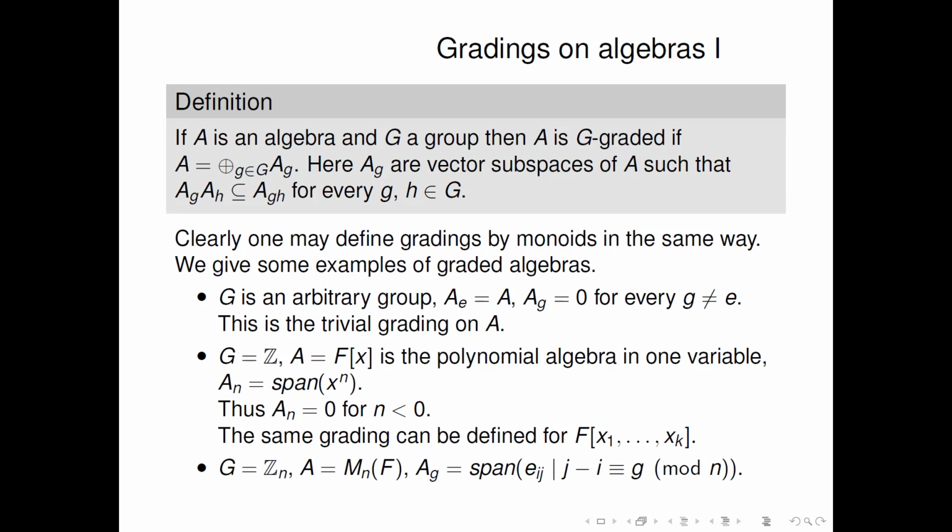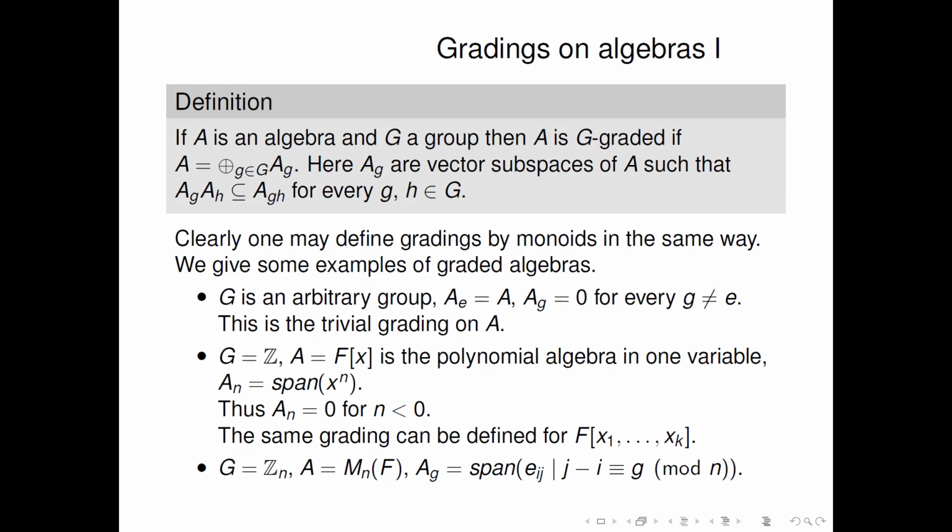In fact, you can define gradings by monoids in the same way, multiplicative monoids. And let me give some examples. Take an arbitrary group, an arbitrary algebra, and make the so-called trivial grading. That is, you concentrate everything on the neutral component and declare all the remaining components 0. This is the trivial grading and does not contribute very much to our knowledge, but at least it exists.